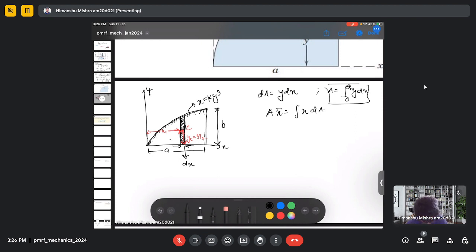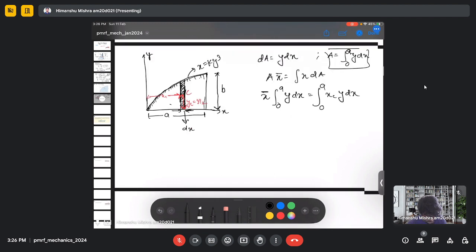So it will be x bar times the integral from 0 to a of y dx, equals the integral from 0 to a of xc y dx.